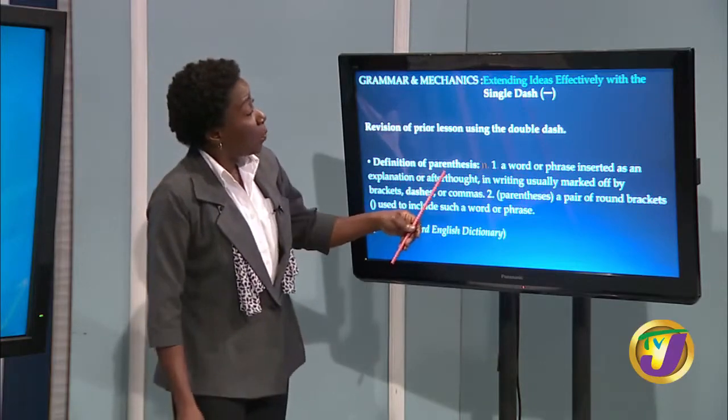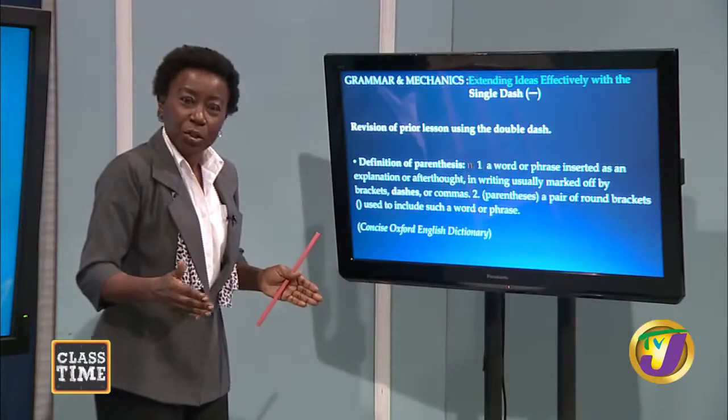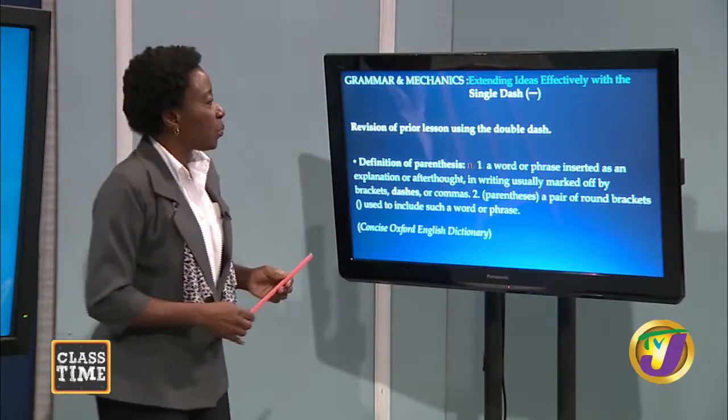Remember what we said about parenthesis? That parenthesis is the name that we give to a thought that we insert in a sentence, and we can indicate the inserted thought with two dashes.